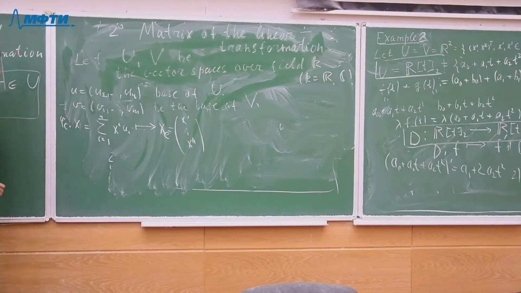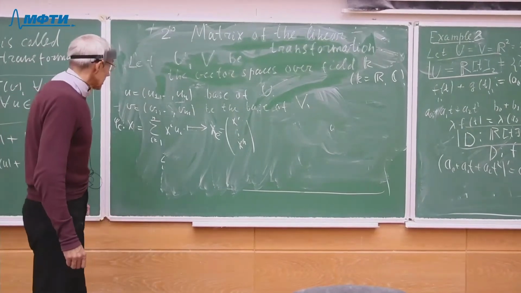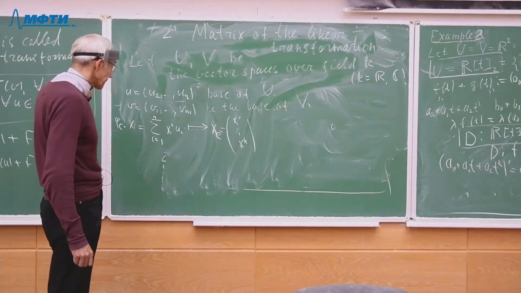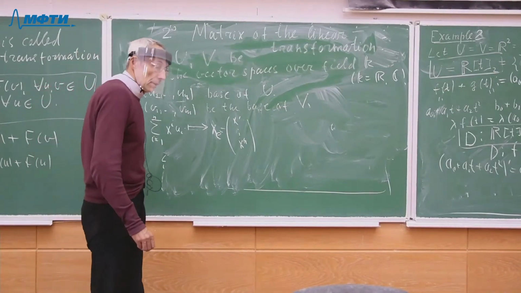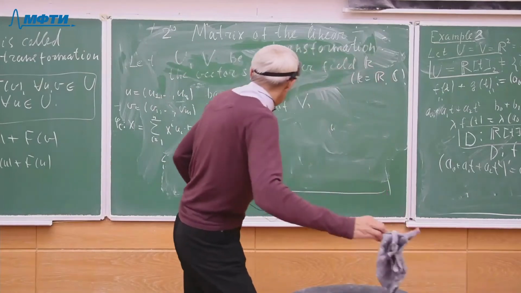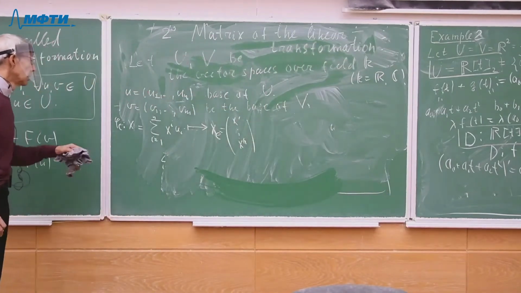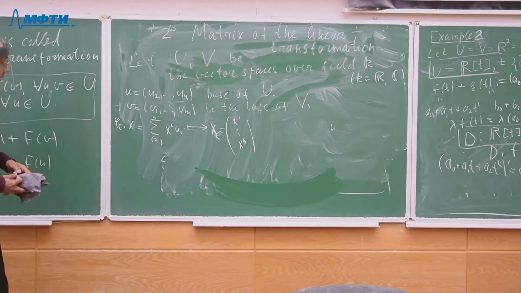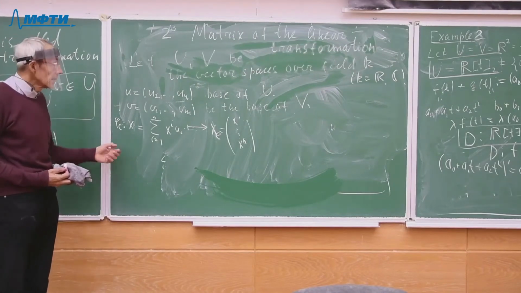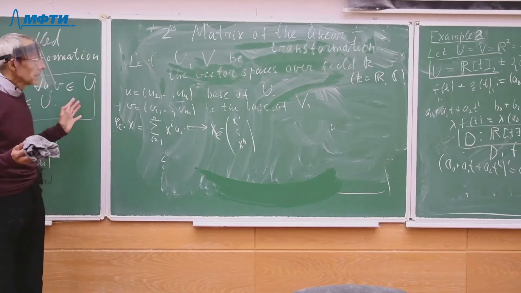We denote this coordinate mapping by the letter phi, index E. And we can apply to an arbitrary vector x this linear mapping.